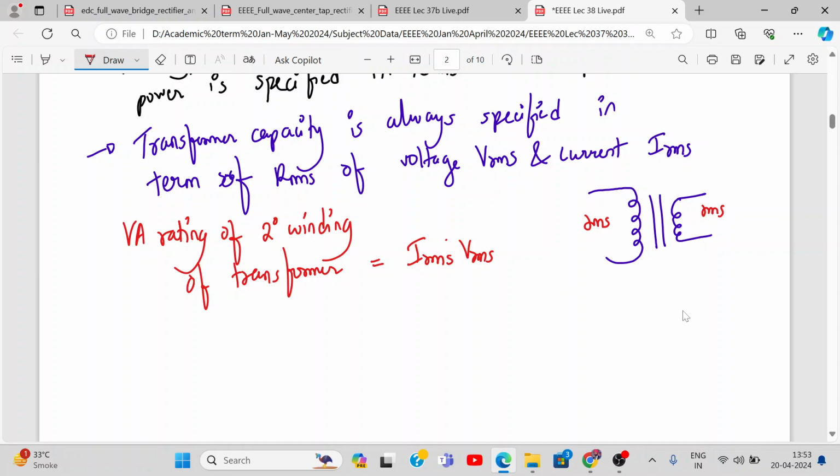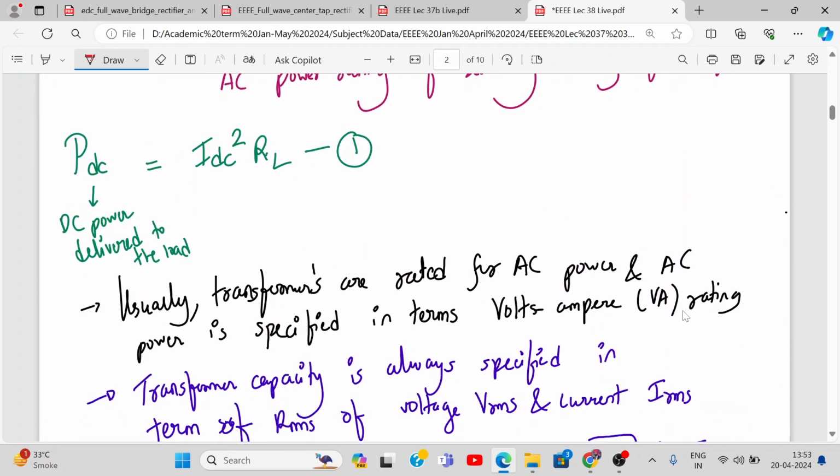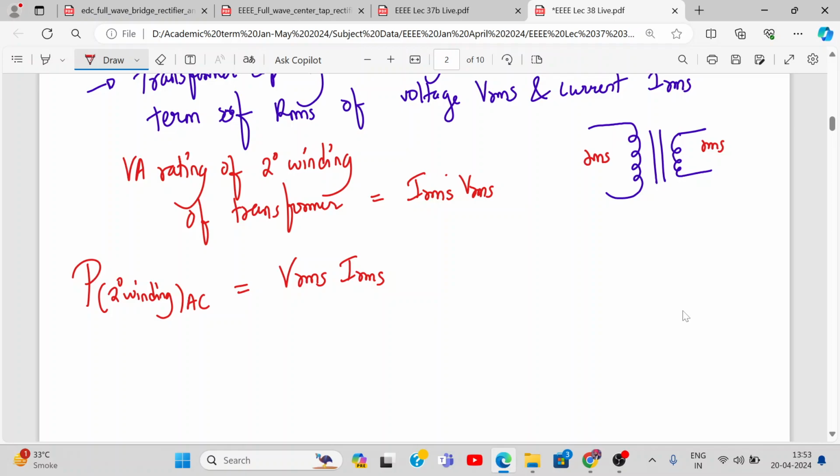Agree? So what will be the AC power of the secondary winding of transformer? It is PAC, given by VRMS into IRMS. Agree? So first formula was PDC, IDC square into RL. Second formula is VRMS, IRMS. Call it equation number 2.